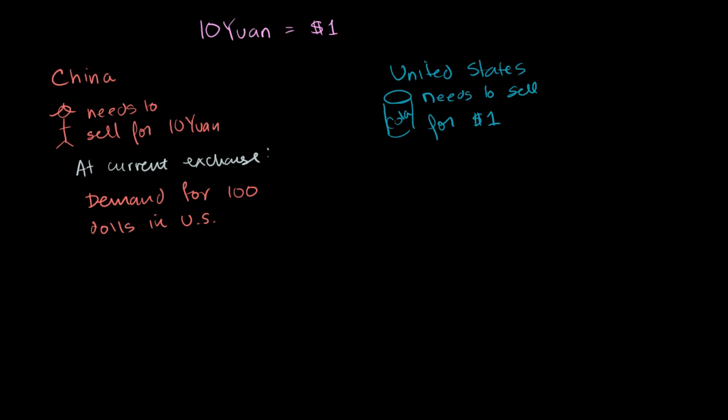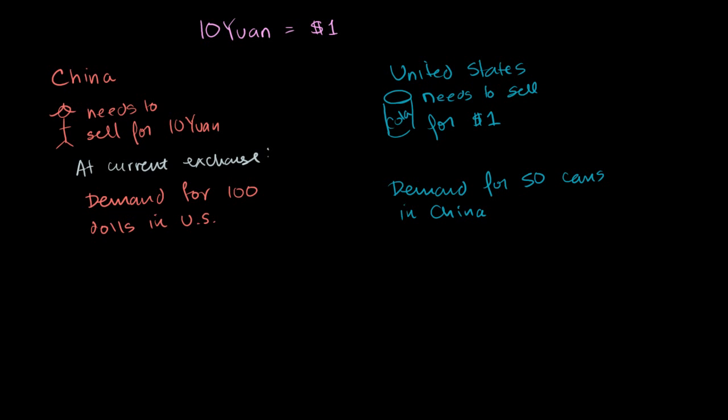And let's say also at this current exchange rate, in China, 50 people are willing to buy this cola. So at the current exchange rate, there's demand for 50 cans in China. Obviously, these are ridiculously low numbers, but we're just dealing with simple numbers to help our thinking.